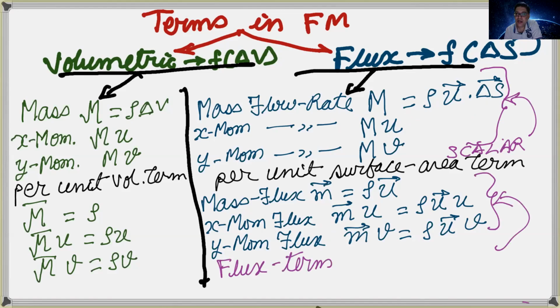You already know that the mass flow rate, x momentum flow rate and y momentum flow rate are scalars, whereas all these flux terms are vectors. You can also notice that the volumetric terms are scalars, whereas the flux terms are vectors.